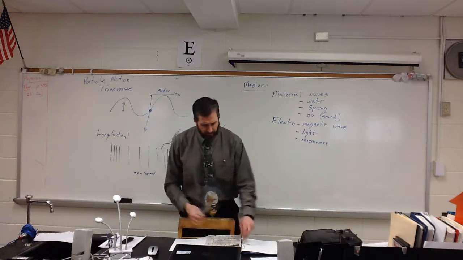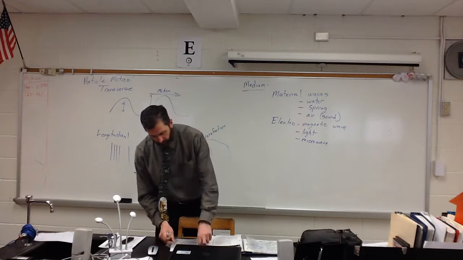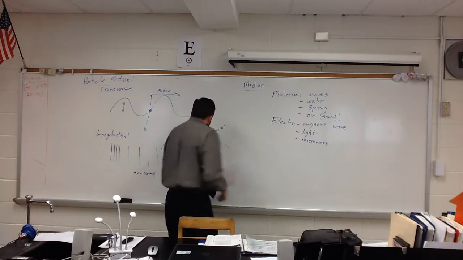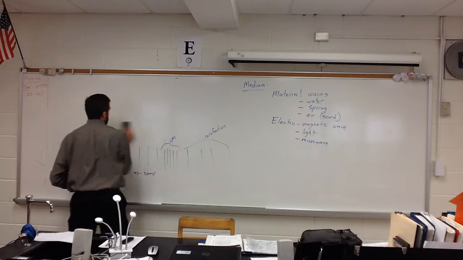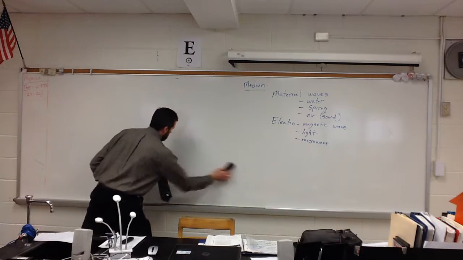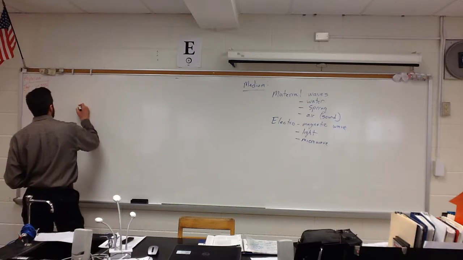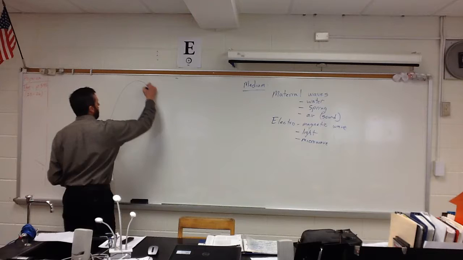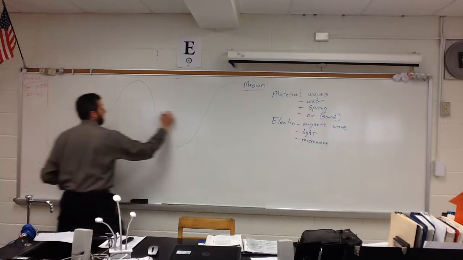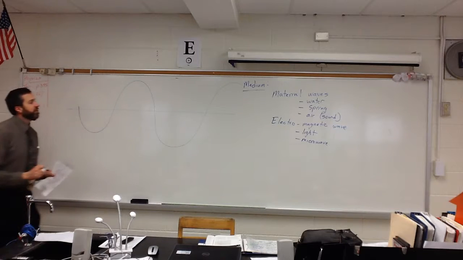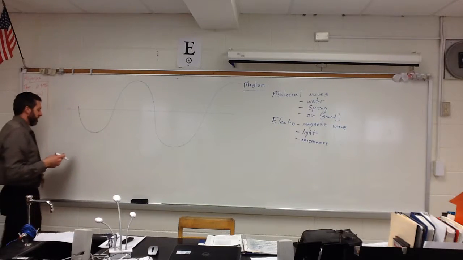All right, moving on quickly to the next thing. I need to draw a real quick picture here of a transverse wave. I'm just going to draw something like this. I'm going to go down, up, down, up. And I'm going to put an equilibrium position just to show you that there's above and below the equilibrium position.